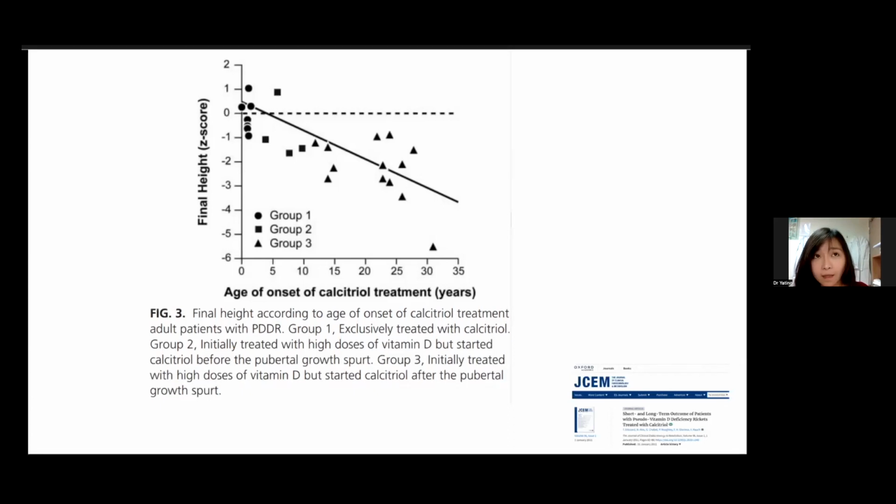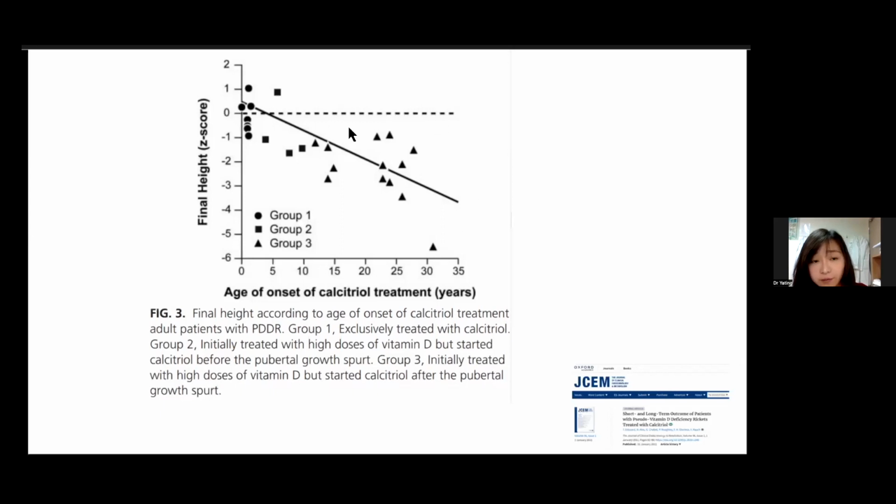if the patient has good compliance. In this study, they put all the patients into 3 groups, and the first group received calcitriol in infancy, and we can tell that in the end they all achieved normal adult height.